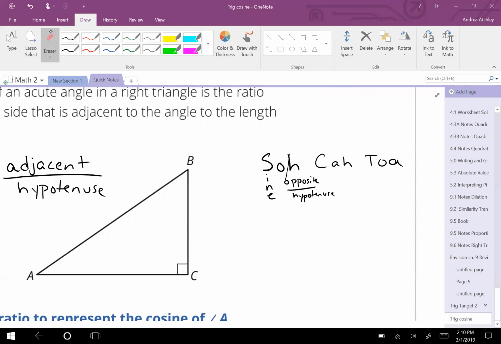Then you have, let's do it like this. CAH, the adjacent and hypotenuse. Okay, the CAH is the cosine.